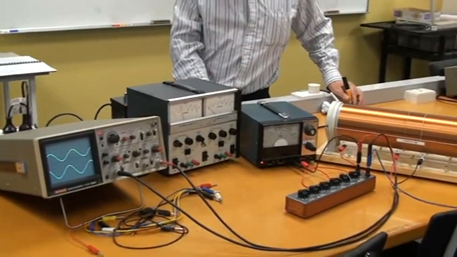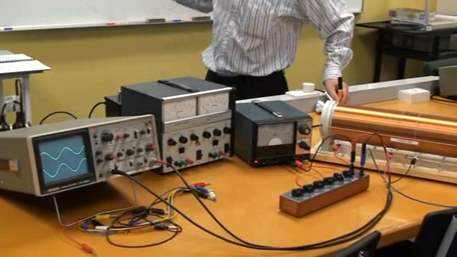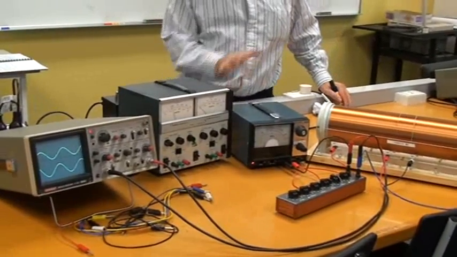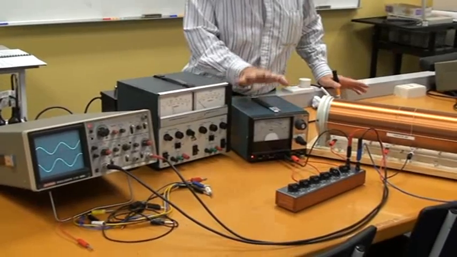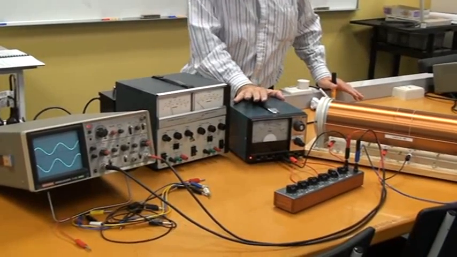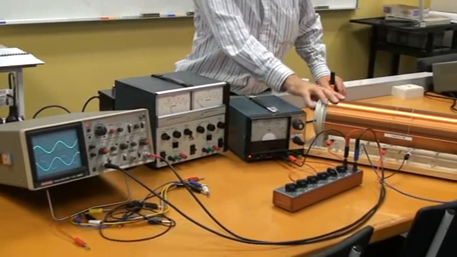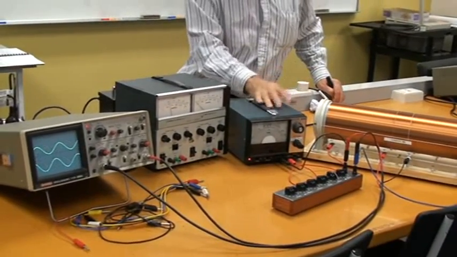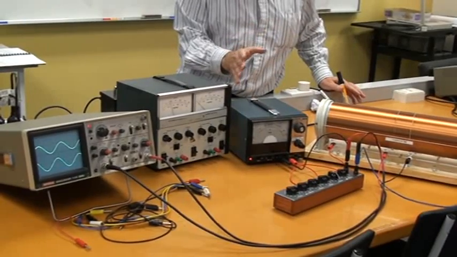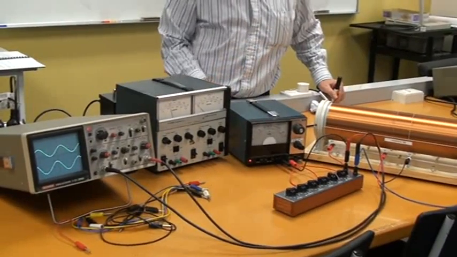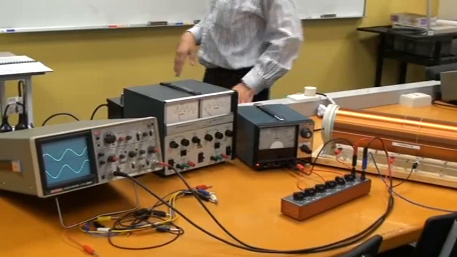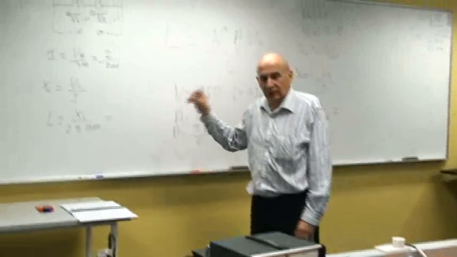You'll find you get the wrong answer for the measured value of L. What that's telling us is that this equipment is fine at low frequencies. When the frequency is high, because of stray capacitance, we don't get good results. And if you want to measure the inductance at higher frequencies, you've got to think of another way of doing it. This way won't work. This way is fine if the frequency is low. It's not very good if the frequency is high.